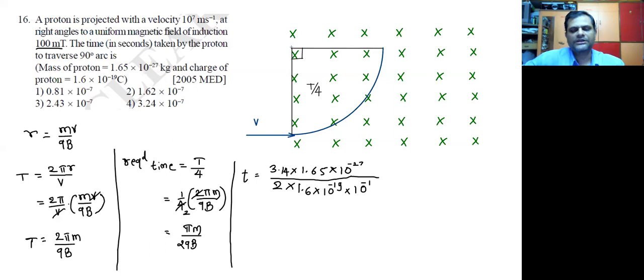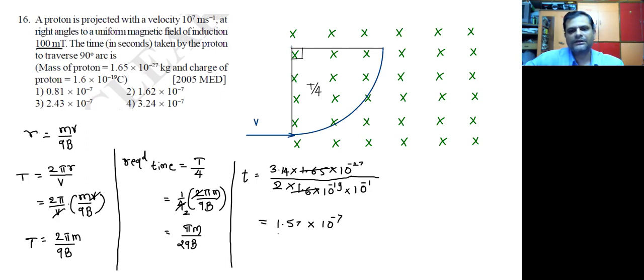Note here that the velocity is given unnecessarily actually. यहाँ पे velocity देने की जरूरत ही नहीं थी. And if you just want to calculate this approximately, then this 1.6 and 1.6 can be cancelled straight away. And 3.14 divided by 2 comes out to be actually 1.57, into 10 raised to minus 27 and plus 20, which is minus 7 only.